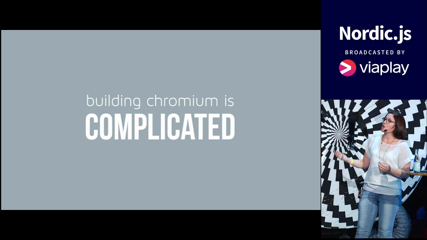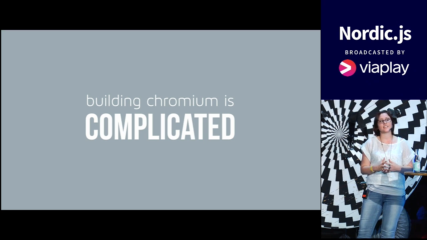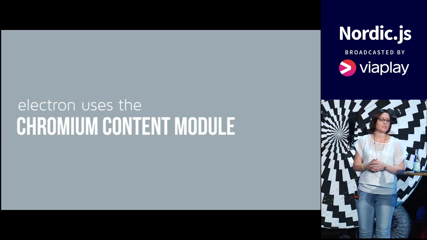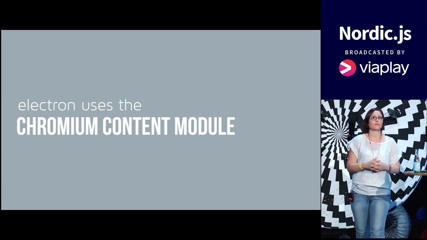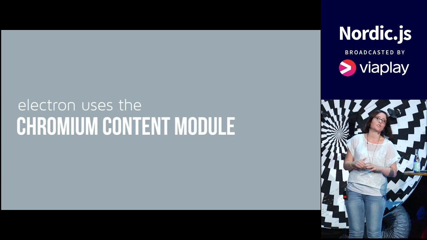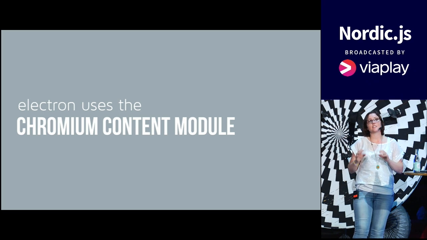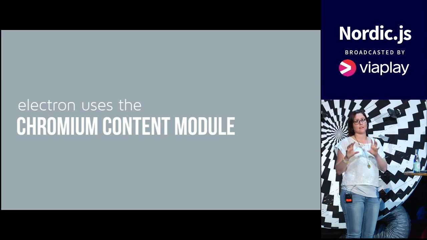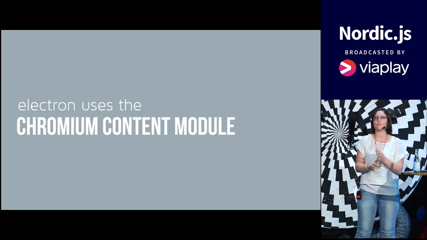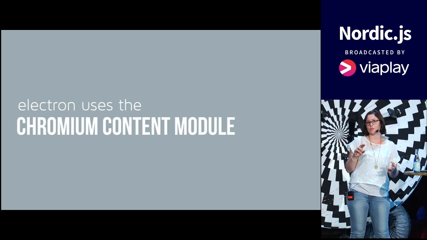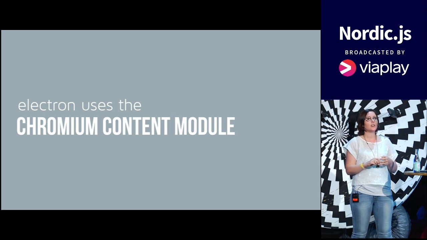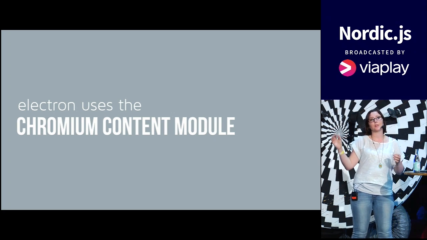And it also contains a whole bunch of stuff that Electron doesn't actually need. So what Electron does is it only uses a small portion of Chromium. It uses the Chromium content module. So this contains all of the code that you need to actually render a web page to the screen. So you get for free like HTML5 support, GPU acceleration, and then you get all the dependencies like WebKit and V8.